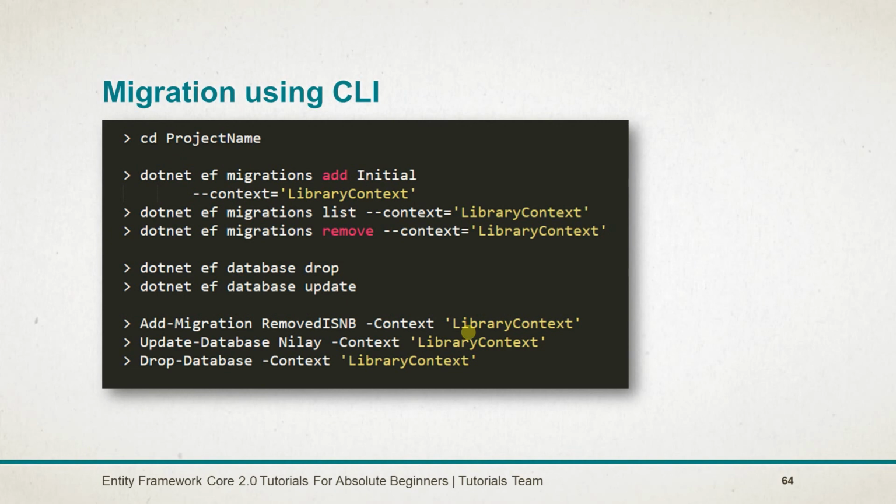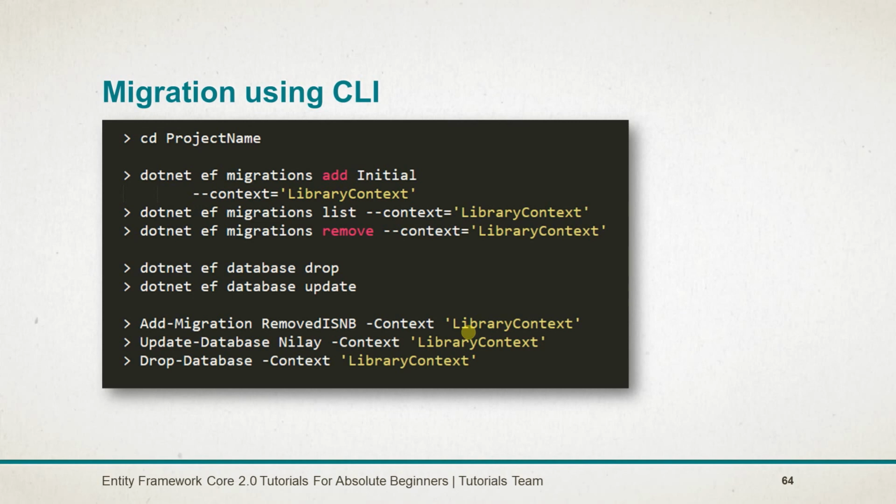There is a list of commands provided by .NET Core and the package manager console for the migration. To add the migration, we need to use the dotnet ef migration add command and specify the name. To see the list of migrations, we need to use the list command. To remove the last migration, we need to use the remove command. To update the database, we need to use the dotnet ef database update command.